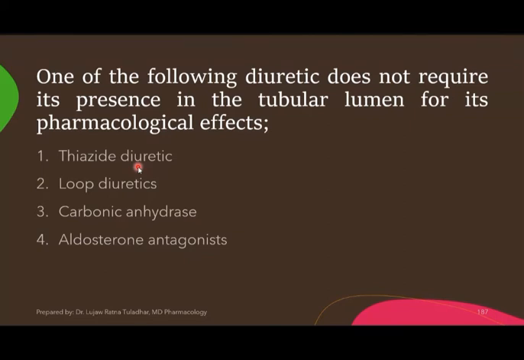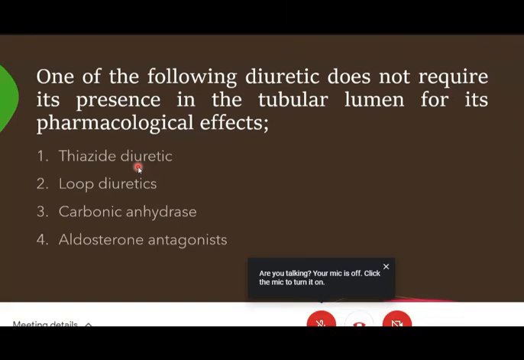All these three drugs, thiazide or loop diuretics or carbonic anhydrase inhibitors, compete with each other as well as with uric acid. So these drugs happen to increase the uric acid level in your blood.